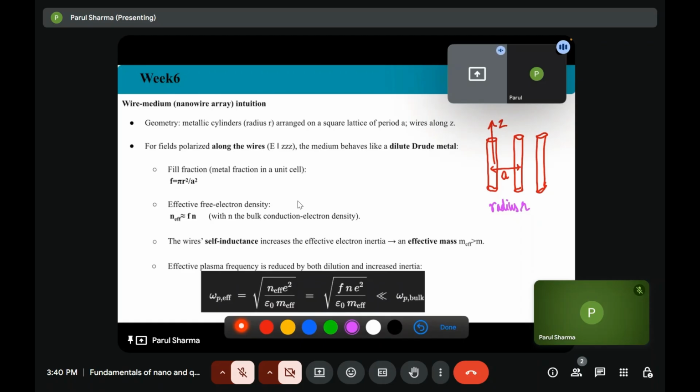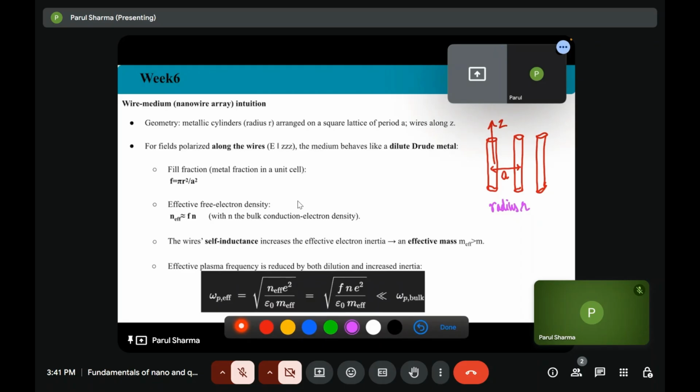So the entire medium, consisting of wires arranged in lattices, is going to effectively behave like a metal. The effective plasma frequency has two terms: one is the effective carrier density, and the other is the effective mass, which are different. So the expression of the plasma frequency will be omega p effective.